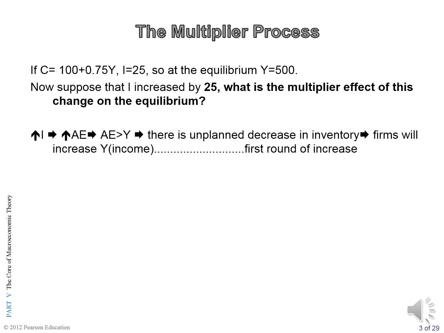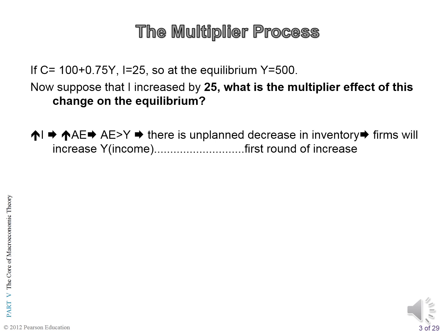If I increases, this will increase aggregate expenditure, right? Because aggregate expenditure equals I plus C. Okay? So now if we begin from an equilibrium, يعني if we begin from Y equal to aggregate expenditure, then investment increases, so aggregate expenditure will now be more than aggregate output or aggregate income.